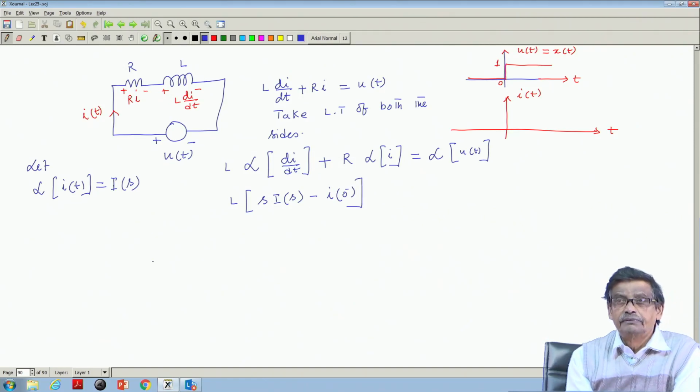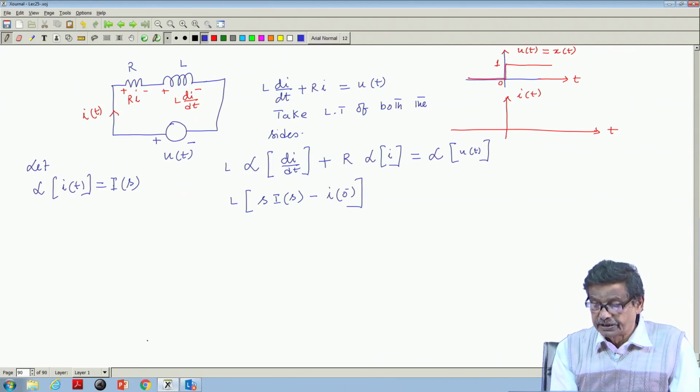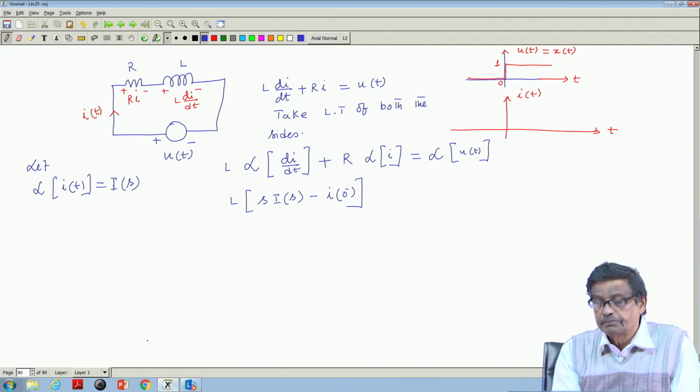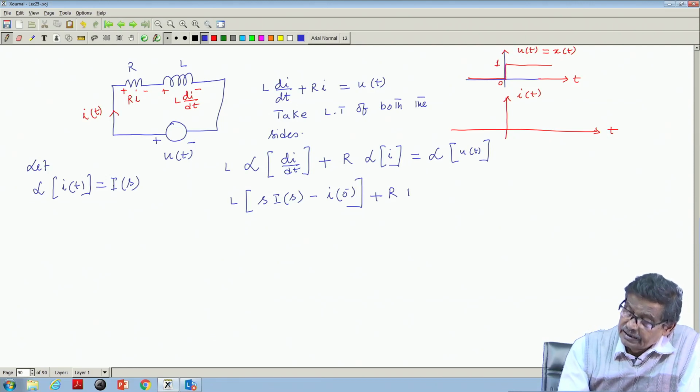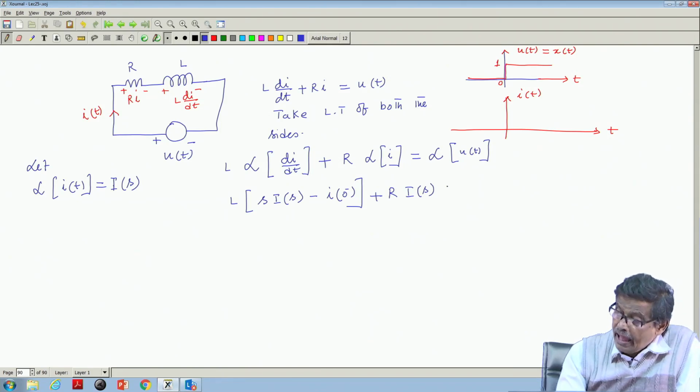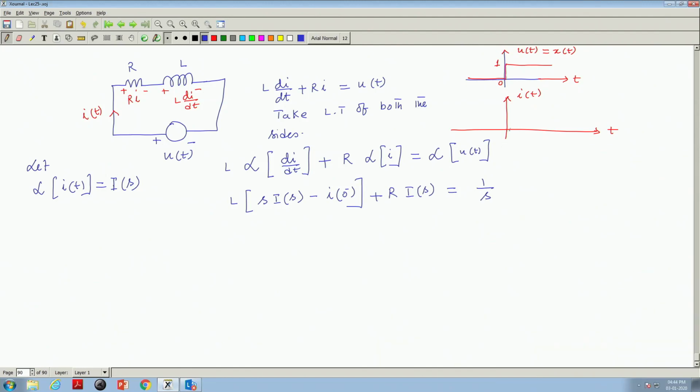You recall the differentiation formula of a time domain function, its Laplace transform is s I(s) minus i(0-), plus R into Laplace transform of this one is I(s), and this is equal to 1 by s, and we want to get solution for t greater than 0. So, whatever time function you will get there is for t greater than 0.